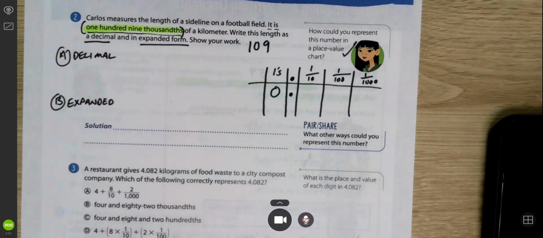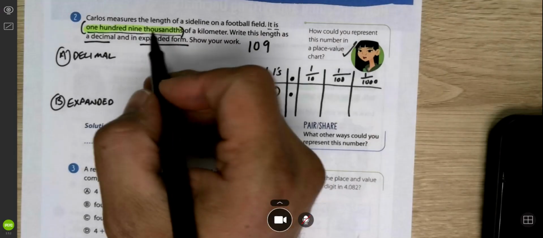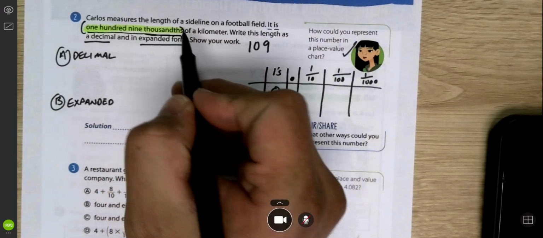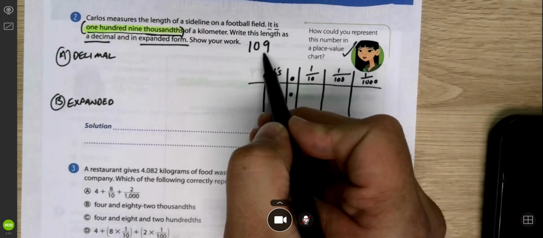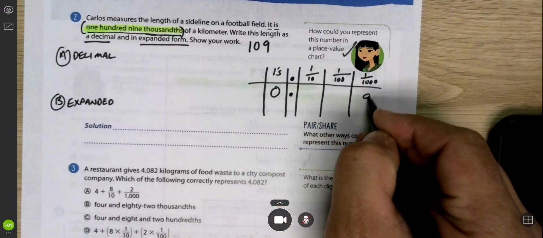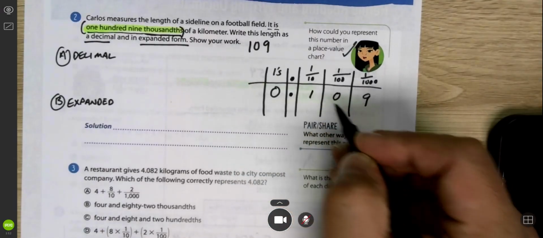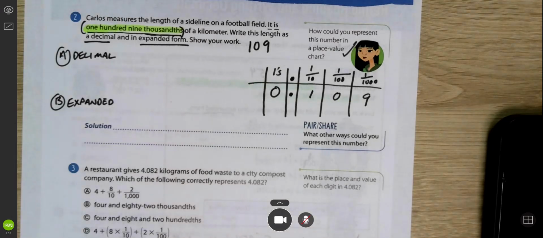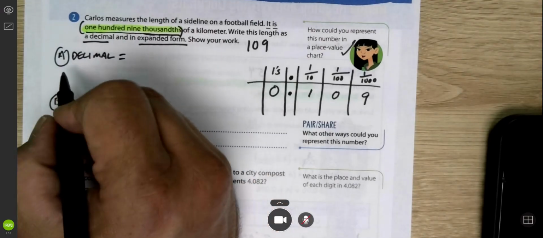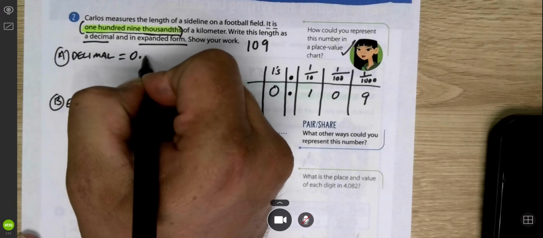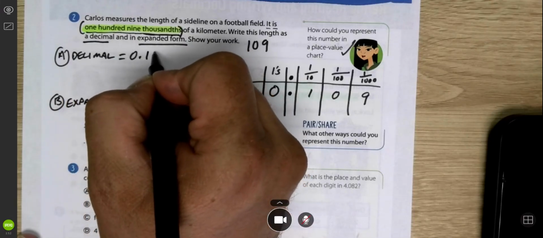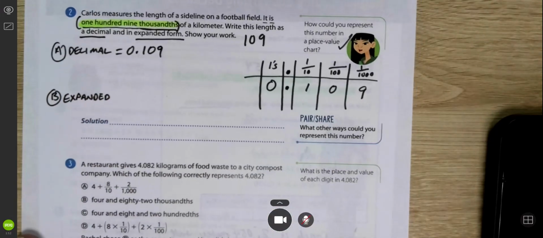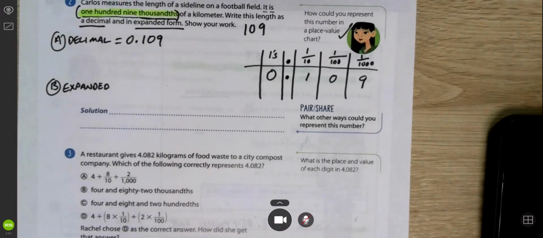And because it says thousandths, this 9 has to reach all the way over to thousandths. So with the place value chart, we just built our decimal form of 0 and 109 thousandths. Yes or no? And you would say yes.